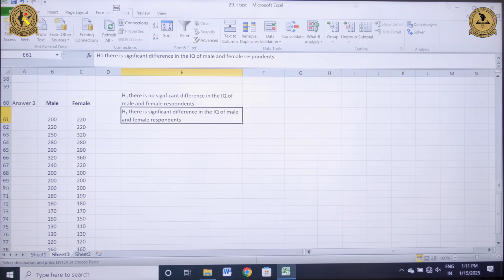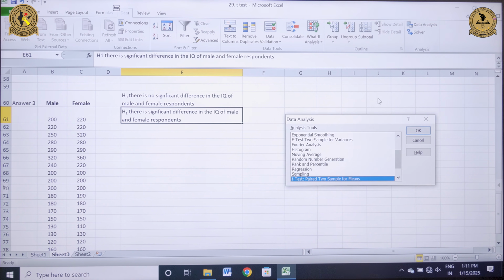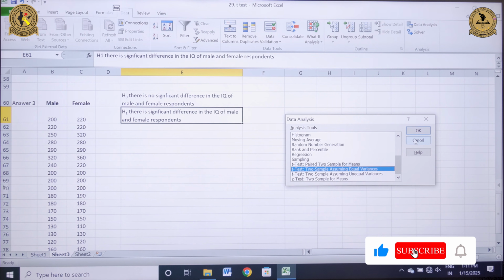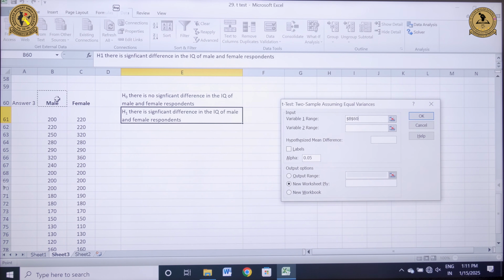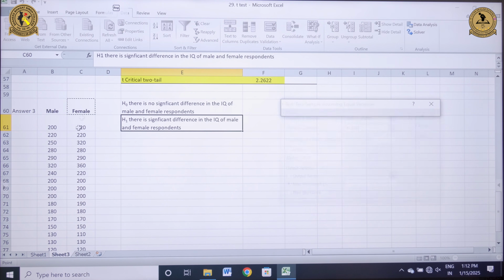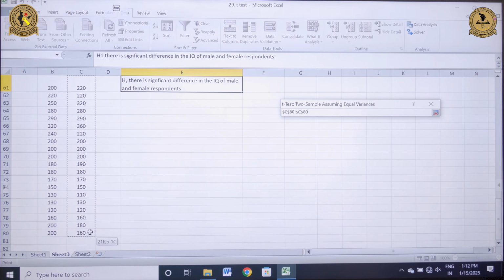Again, go to Data, click on Data Analysis, and then click on t-test: Two-Sample Assuming Equal Variances. For Variable 1 Range, I need to select the male IQ, then I need to select the data of Variable 2, that is the IQ of female.